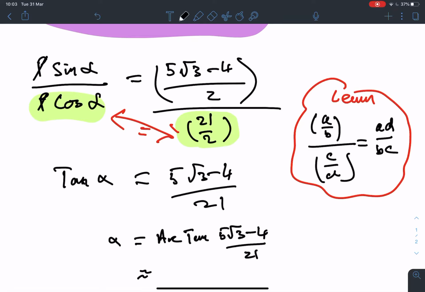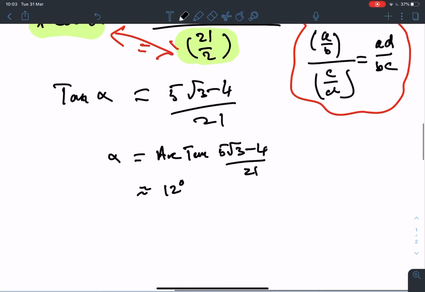Minus 4 is 4-ish, so it's about a fifth. Arctan of about a fifth is going to come out to be around 12, 13 degrees. But you can tap it in a calculator and see what you get. Just check the exact value.